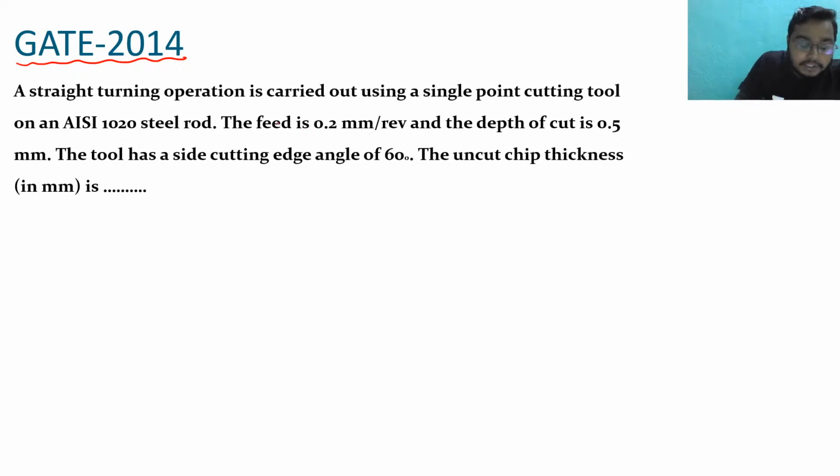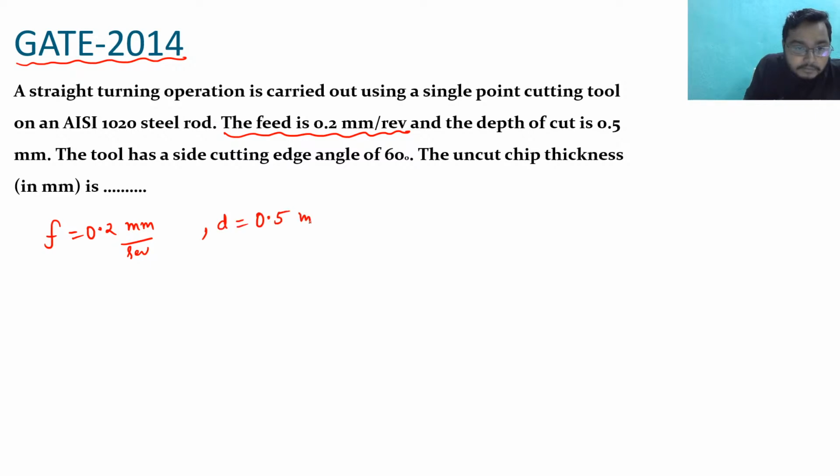Let me explain it. See, a straight turning operation is carried out using a single point cutting tool, and the feed is 0.2 mm per revolution, and the depth of cut is 0.5 mm.